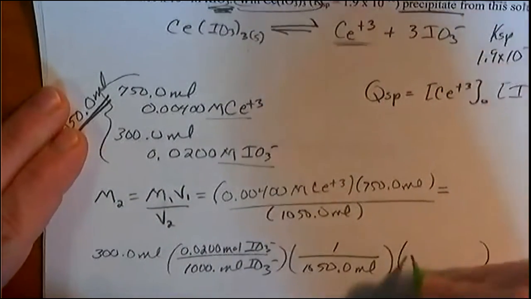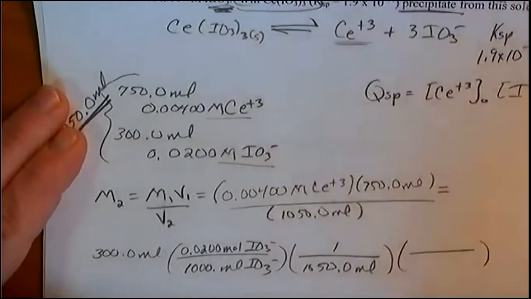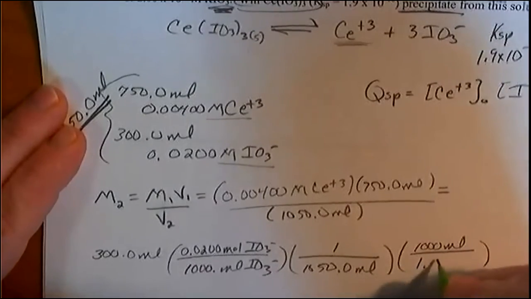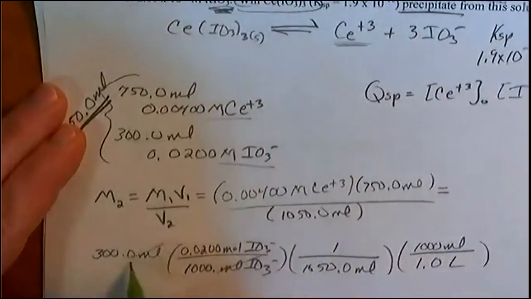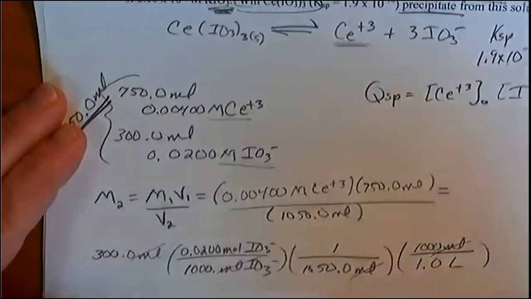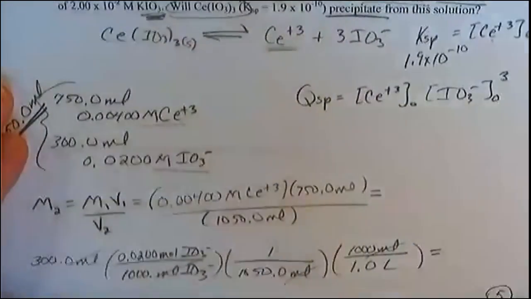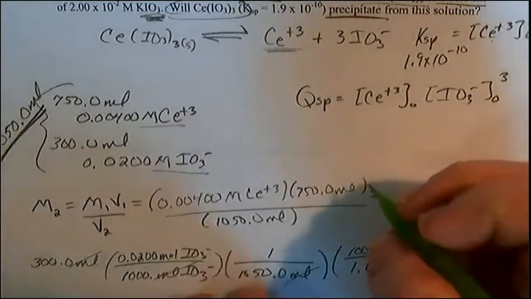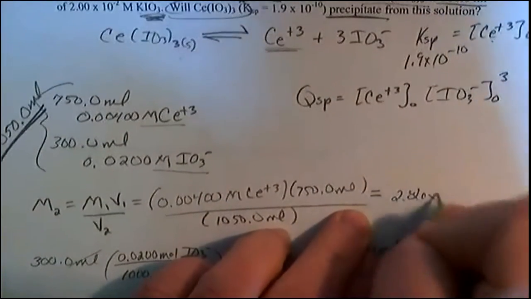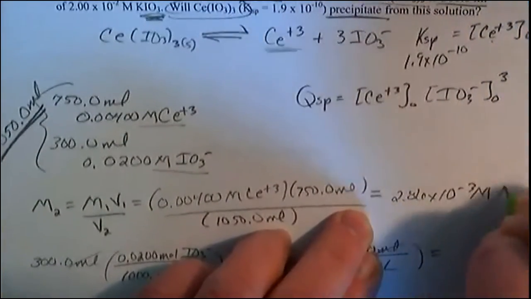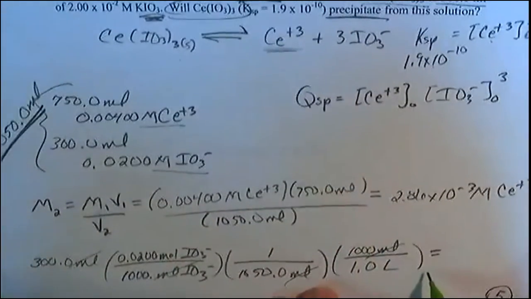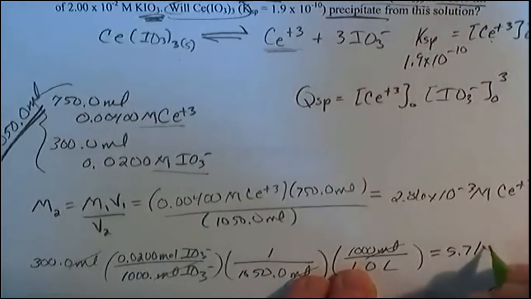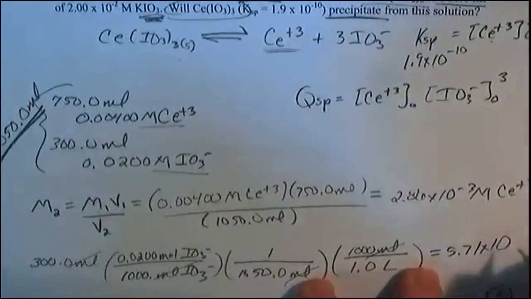And then I'll have to get to liters. So that'll cancel that, and then I'll have mole per liter. Okay, so each of these, my cerium is 2.86 rather, times 10 to the minus third. And then my iodate is 5.71 times 10 to the minus third.